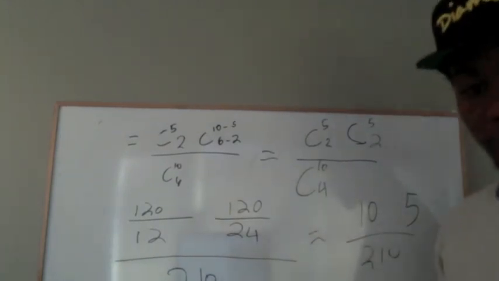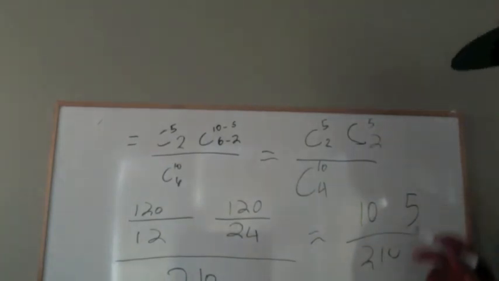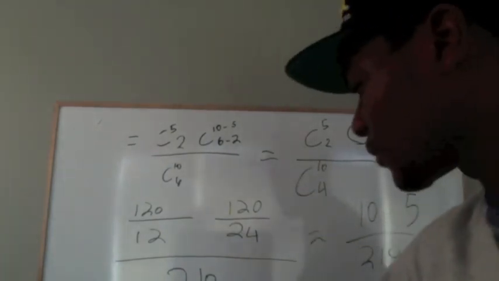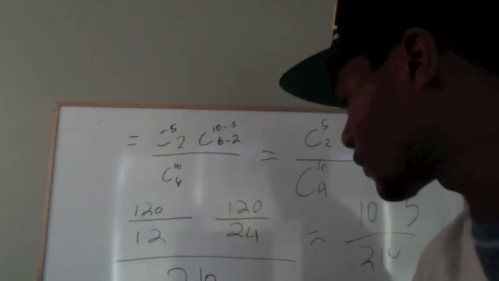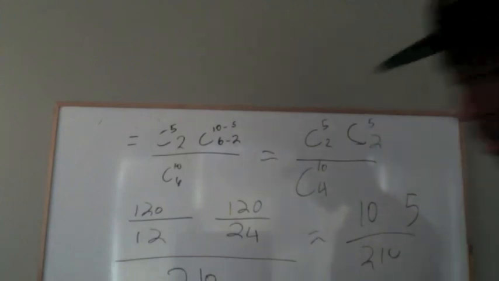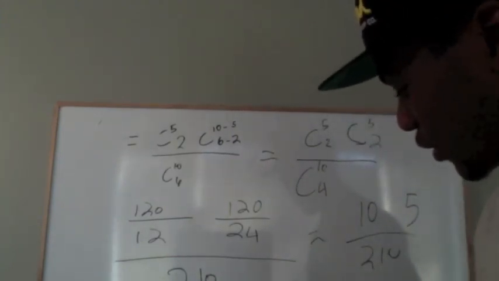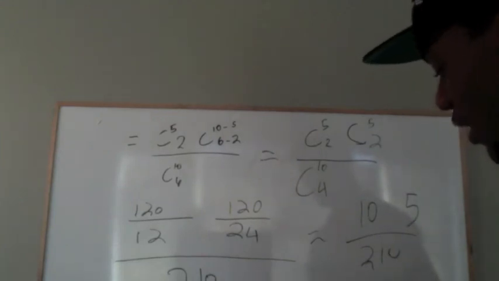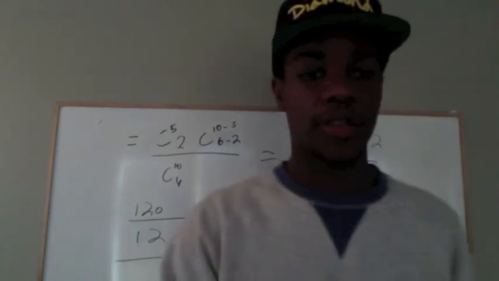Now what you have to do is multiply 10 by 5, which gives you 50, divided by 210, and your outcome should be, if you did it right, 0.238. And that's how you do a hypergeometric question right there.